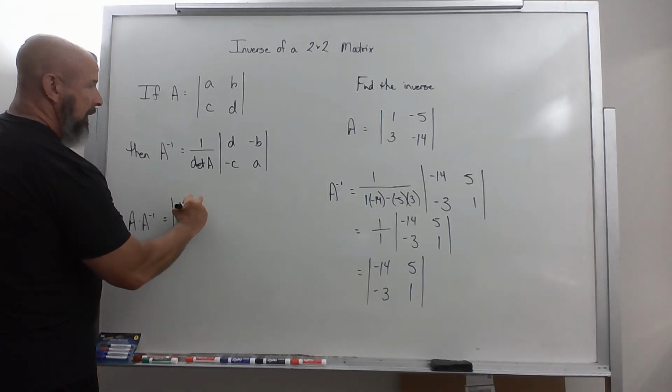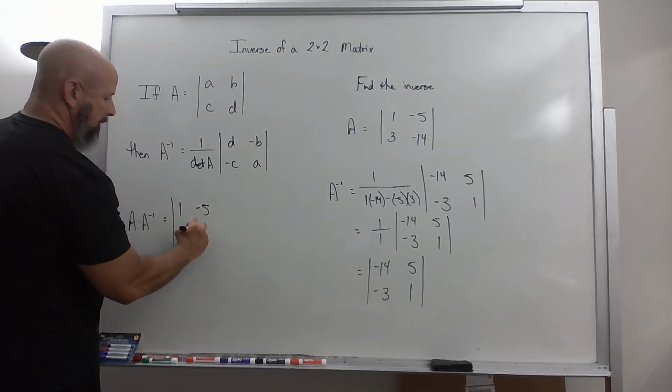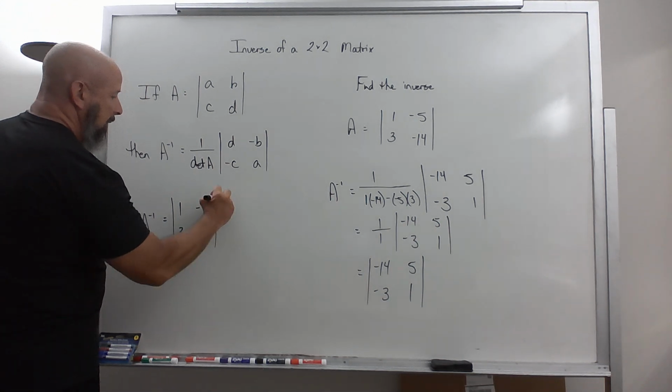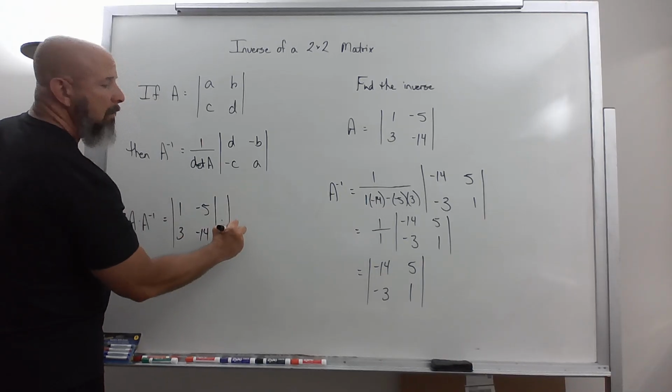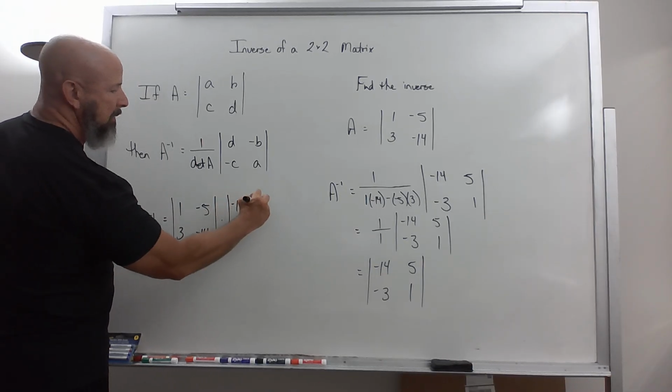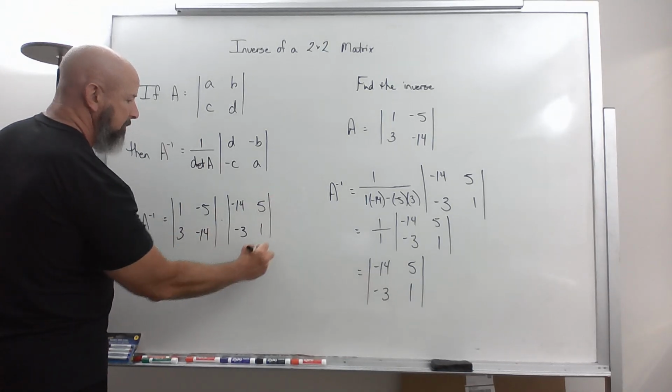So A is 1, -5, 3, -14. I'm just copying from over there on the right. The inverse matrix was -14, 5, -3, 1.